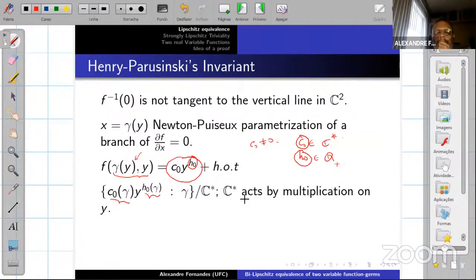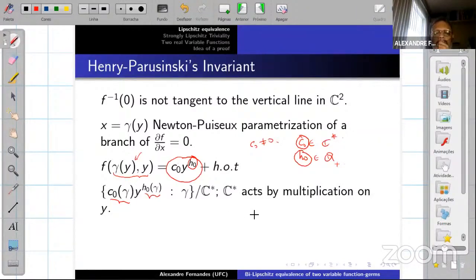So this set is equivalent to: you change y by lambda times y.